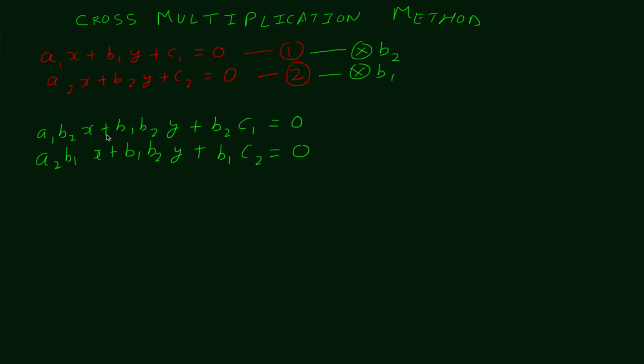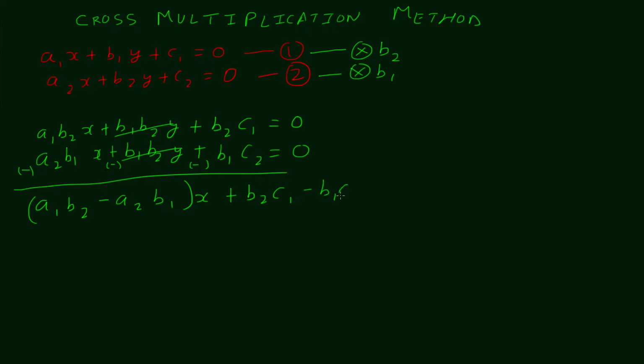So in order to eliminate y, we just subtract these two equations. While subtracting, this sign changes to minus, this changes to minus, this changes to minus, and now this thing gets eliminated. So we have (a1 b2 minus a2 b1) x, and here we have b2 c1 minus b1 c2 is equal to 0.